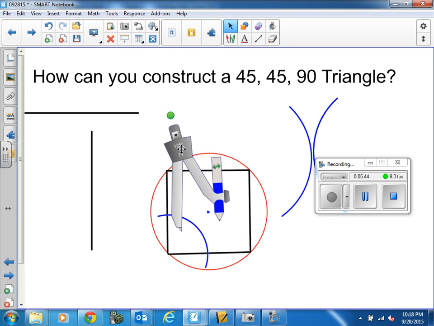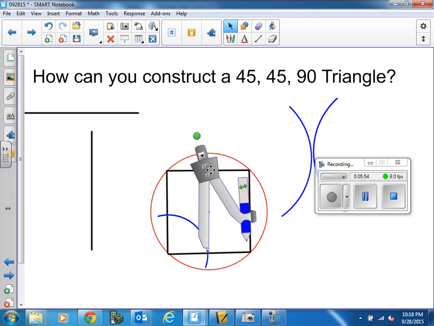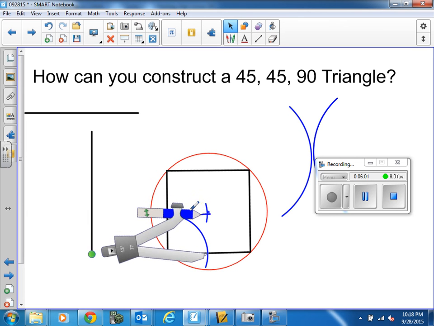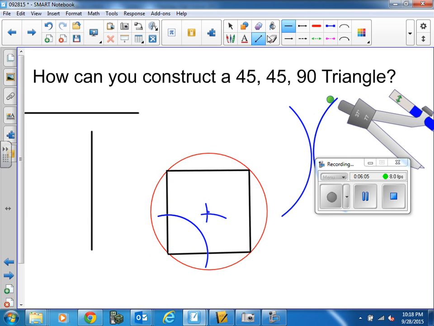If we do it correctly, we should have a line that goes right through the diagonal. Again, we're dealing with tools that are not exact, so we're going to see what happens here. So hopefully it goes right through. It should. If it doesn't, we have a reason for that. So we go right here. All right, so that's good.